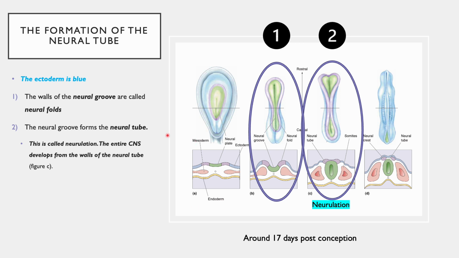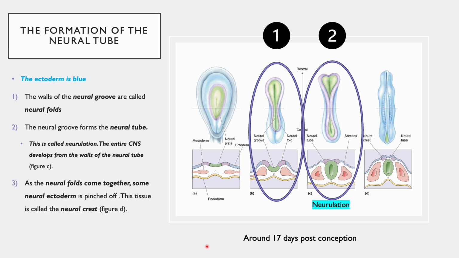During this time, when the neural groove forms into the neural tube, this is referred to as neurulation. And I highlighted this because it's super important. This process called neurulation is the basis of the entire central nervous system. So every brain region, the spinal cord, all of these pertinent things in the central nervous system all develop from the walls of the neural tube.